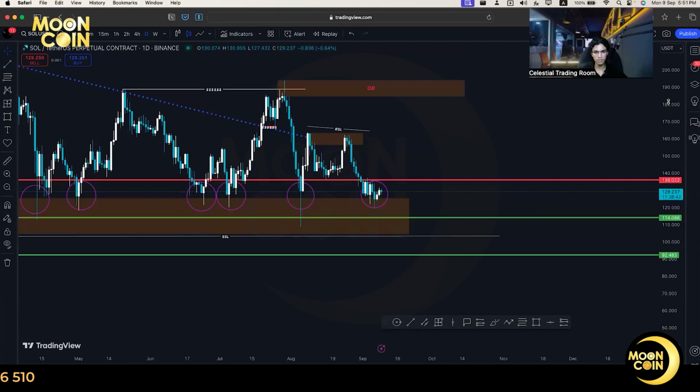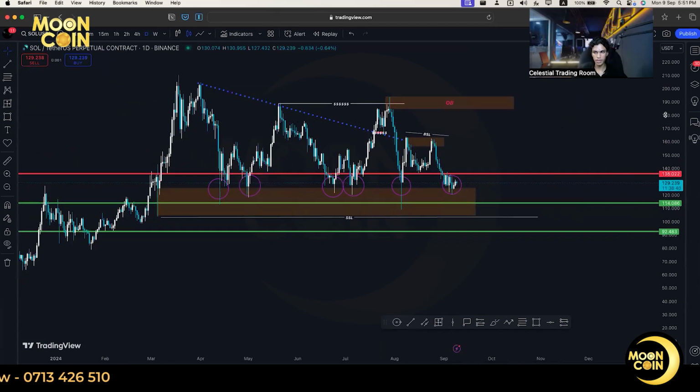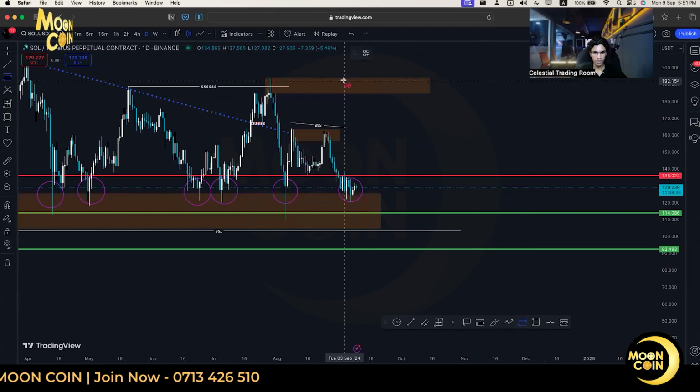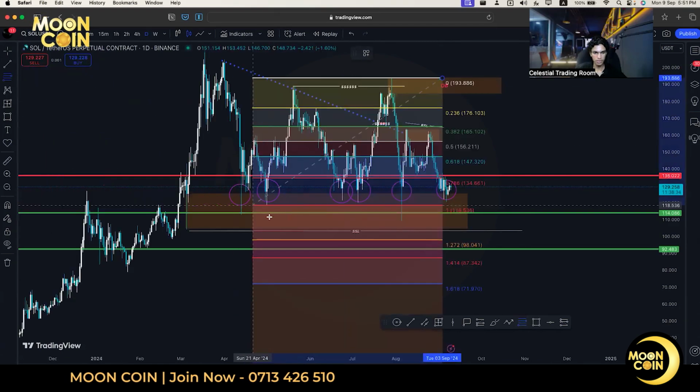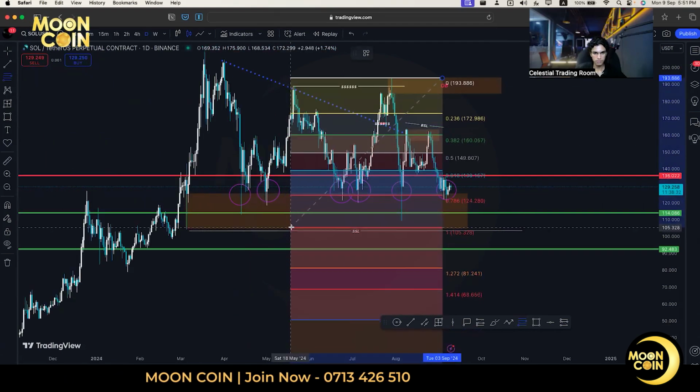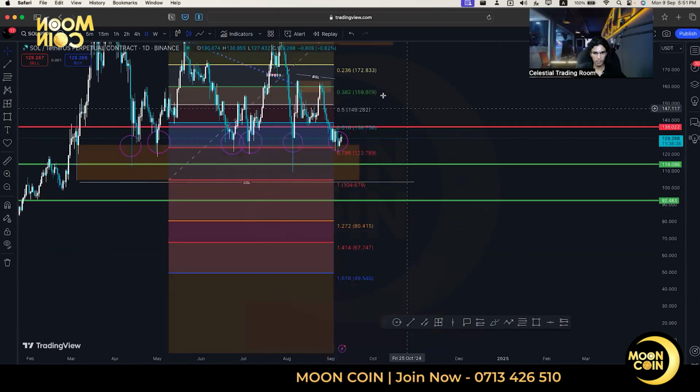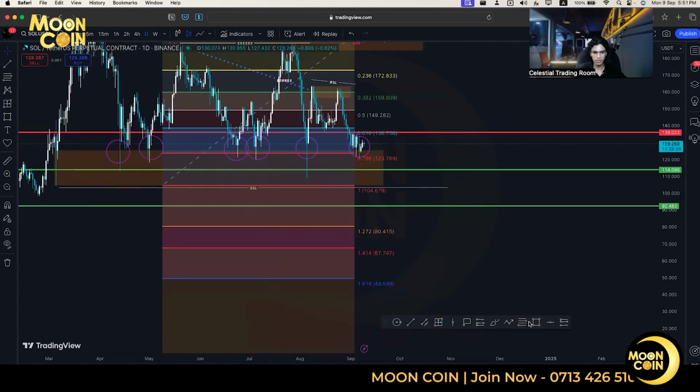and the overall long term analysis for this Solana and the price prediction for this is, we'll go for the fib. This is the golden zone.